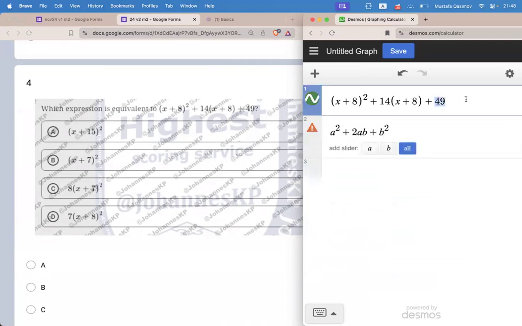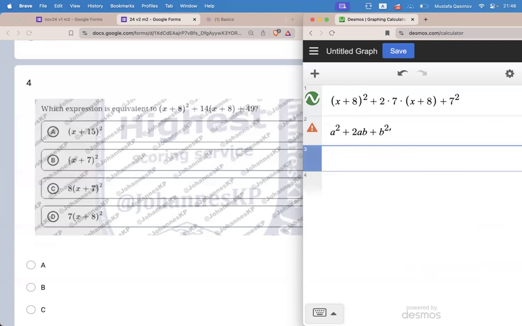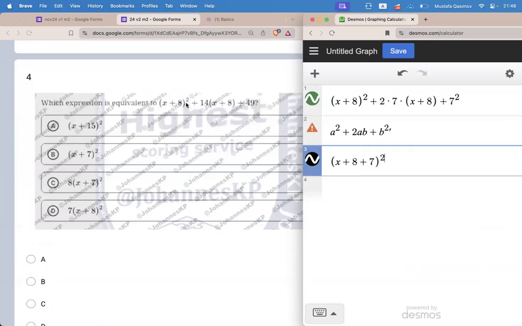So 49 is 7 square actually, and 14 is 2 multiplied by 7. So we can think of it as x plus 8 plus 7 square. So the answer is x plus 15 square. Answer is A.